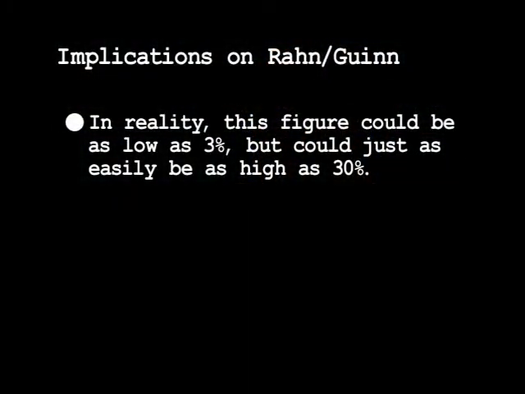They said they needed more information from the manufacturer. We don't have that information on Mannlicher-Carcano bullets. In reality, this figure could be as low as 3%, but could just as easily be as high as 30%. That means a 30% chance somebody could draw 2 bullets that match Commission Exhibit 399. That's not good odds.